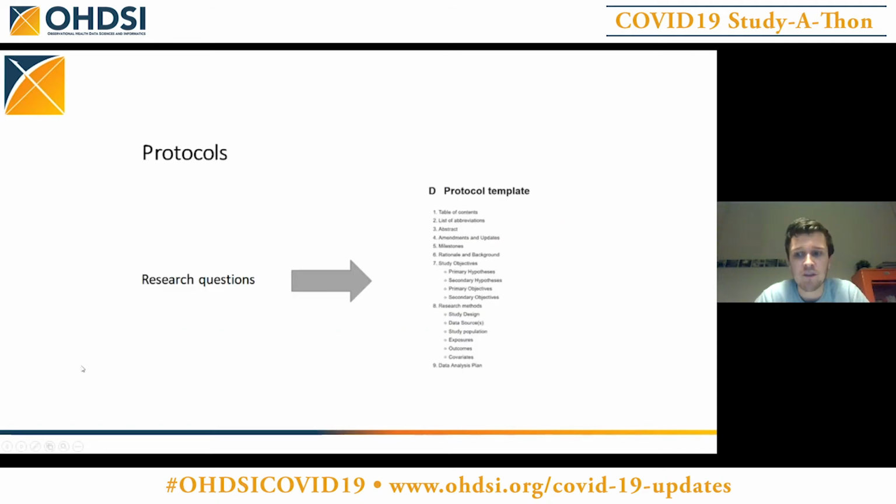So the first step was turning these research questions into protocols. We've taken the OHDSI framework, and we've spent quite a lot of time, lots of calls of maybe one or two hours, discussing each part of the protocol and really focusing on the question we're trying to answer and the design that will help us to answer that question.